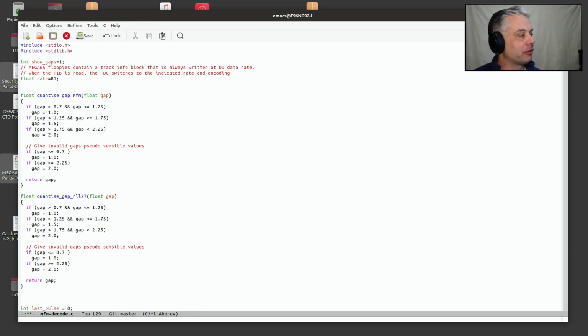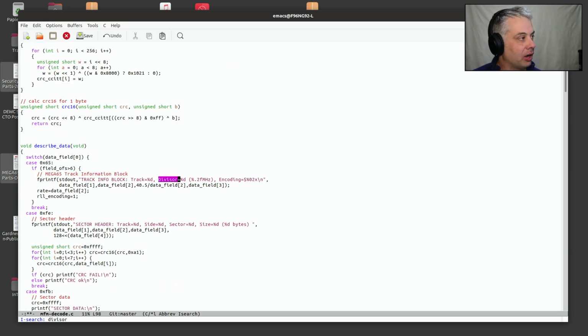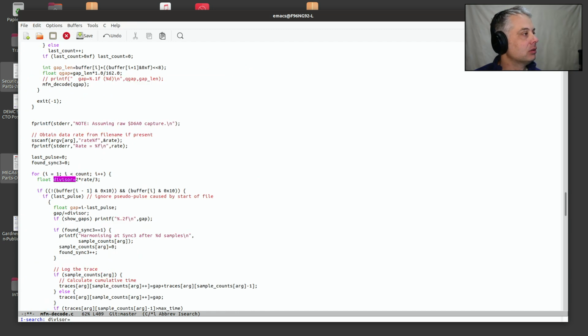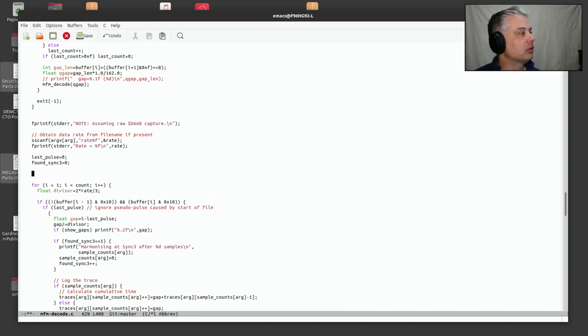So it's actually why we had that. Remember we had that factor of 2/3 when we did the divisor, and that's because we want to halve the number to use the MFM kind of thing. So let's just go float divisor.